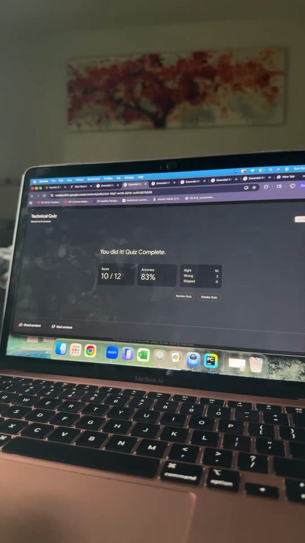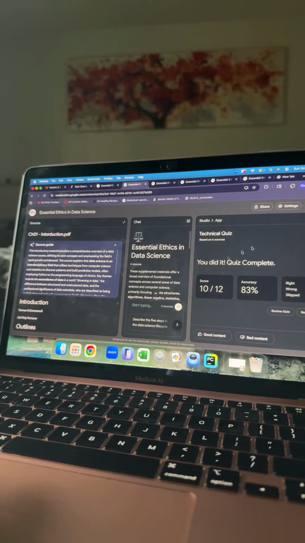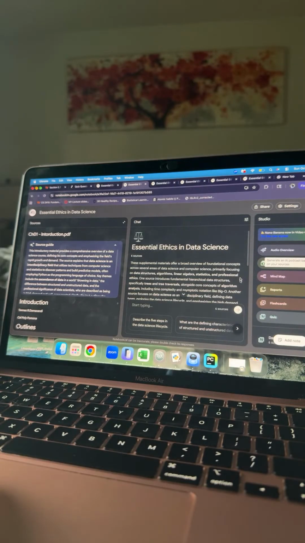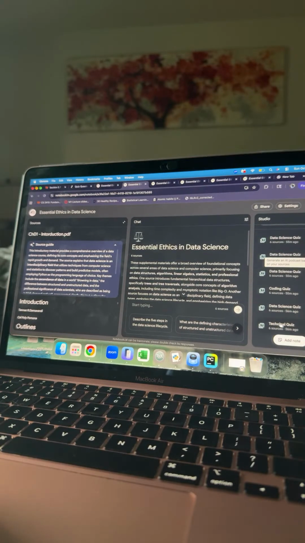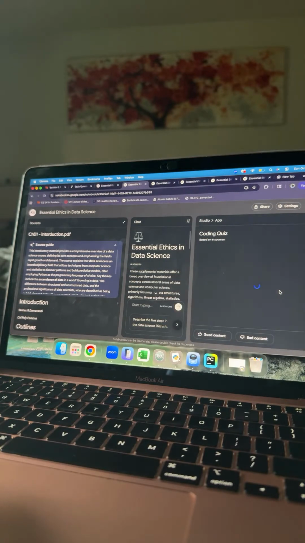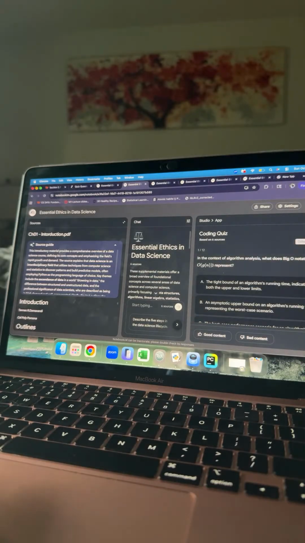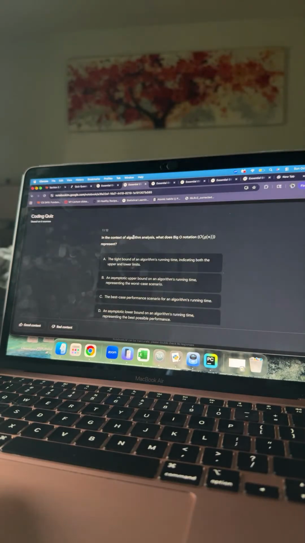Closing that up, we have, let's do the coding quiz. All right, in the context of algorithm analysis, what does big O notation represent?